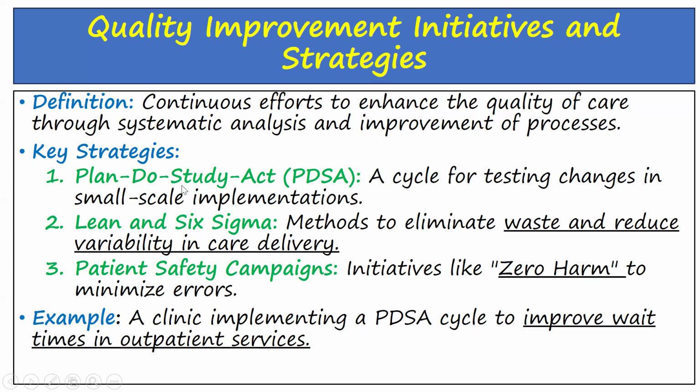If you finish doing, you study to see if the initiative is working well or not, then you act. Then we also have Lean and Six Sigma. These methods are aimed at eliminating waste and reducing variability in care delivery. Then lastly, patient safety campaigns and initiatives like Zero Harm to minimize errors. So these are some of the key strategies that healthcare facilities and organizations can use.